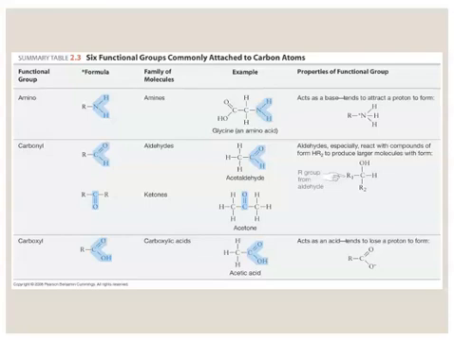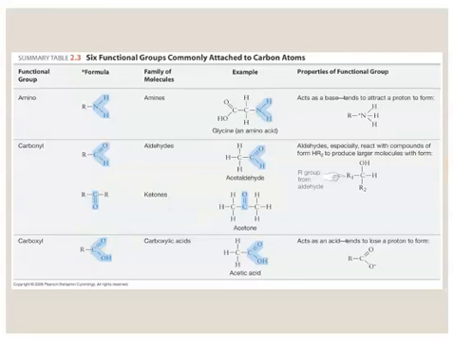Now, on this slide and the next, we're going to see those 6 groups. These tables, though, contain some information that we don't need to know right now. So we need to know the name of the group. That's shown over here in the left-hand column. We need to know what it looks like structurally. That's shown in blue. And then we can ignore the rest of the information.